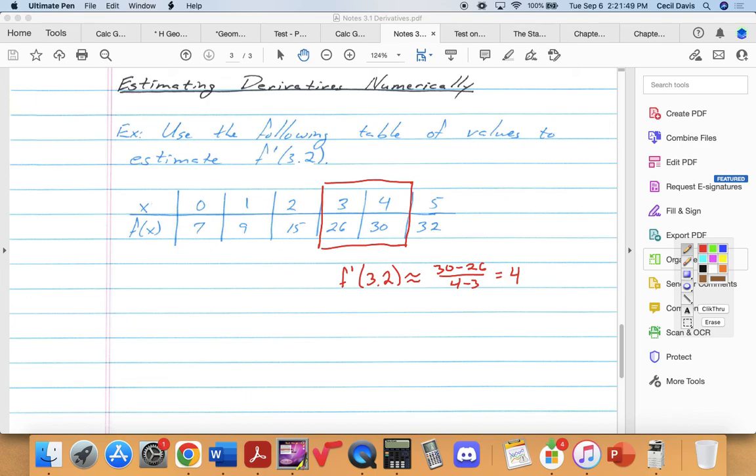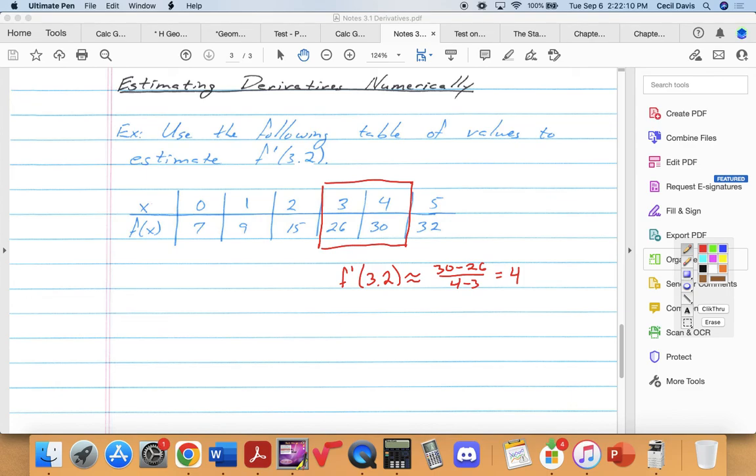It could be 6. I doubt it, but it's probably closer to 4 than that. But there's no telling what's going on in between those two. But this is my best estimate. Given the very limited amount of information that you have for this, that's the best estimate that we can give.